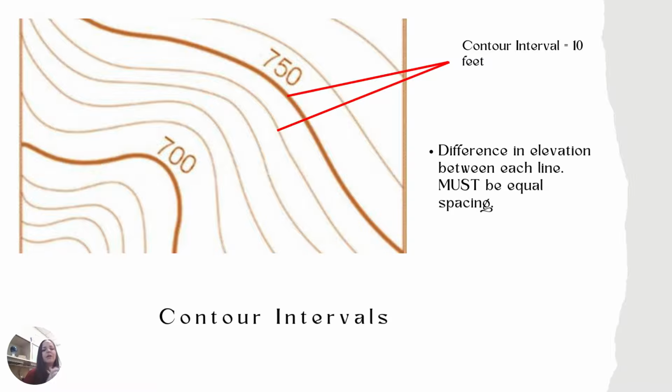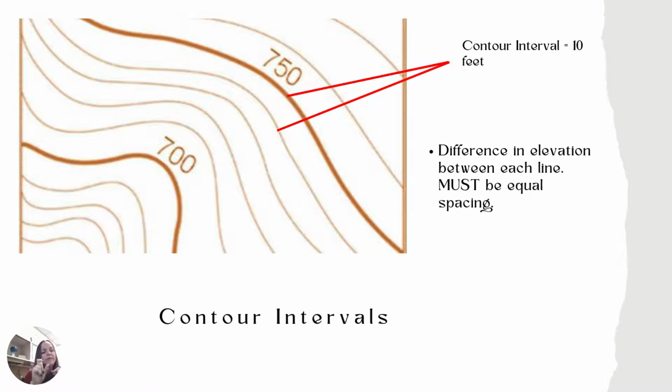All right, so contour intervals. Between contour lines, there's something called the contour interval, and it's just the difference in elevation between the two lines. Okay, so here there's a contour interval of 10 feet, and the way that we can surmise that without having every line labeled is that we have 700 and 750, and there are 4 lines between.